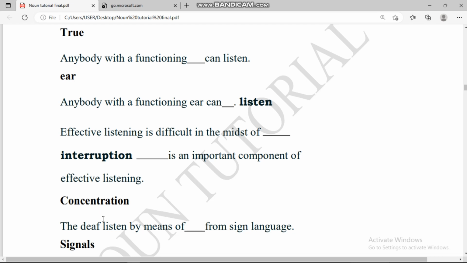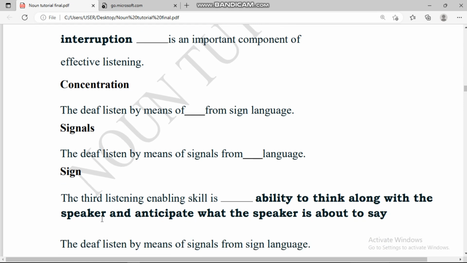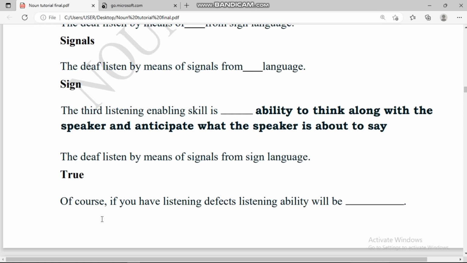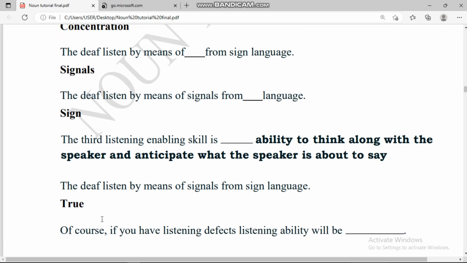The deaf listen by means of dash from sign language. The deaf listen by signals from sign language.